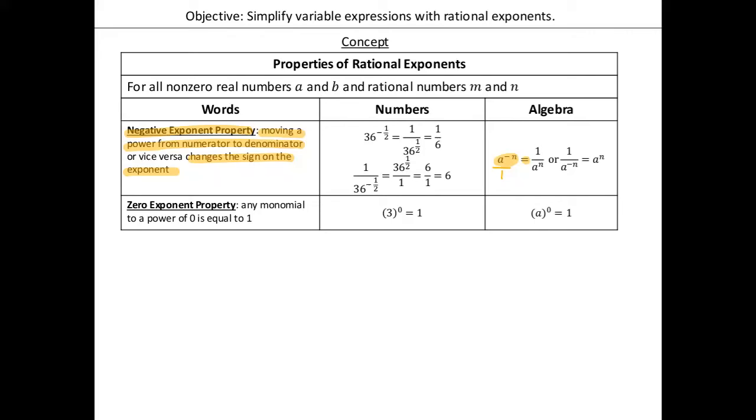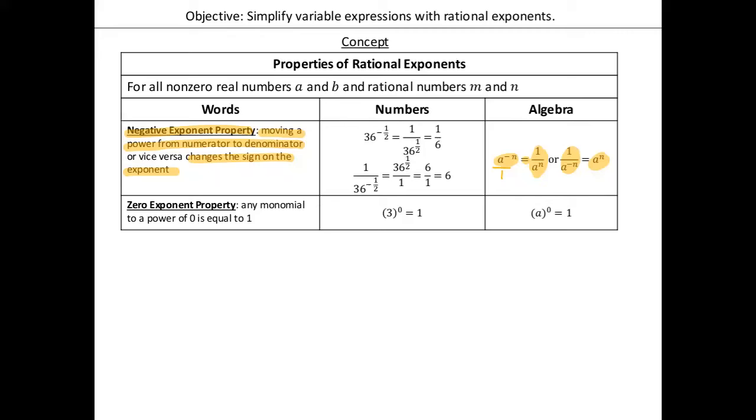And I'm going to flip it over to the denominator. So take the exponent that's negative, move it to the denominator, and then it becomes positive. Likewise, if the exponent in the denominator is negative, I can move it to the numerator and it becomes positive. Okay?